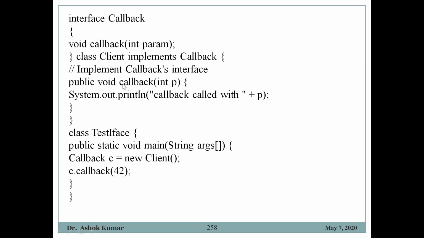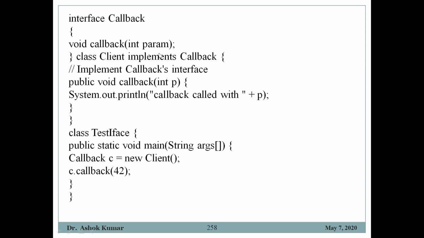Please note that because the methods of the interface are public by default, when you define the methods in the class, you have to add the access specifier public before the signature of the method. So that's why we have written public over here. This is mandatory, you have to write public.